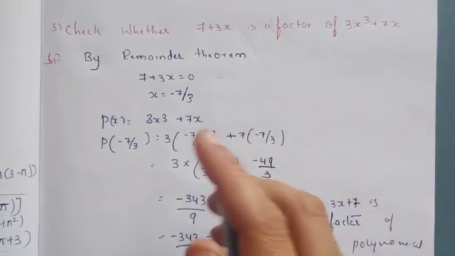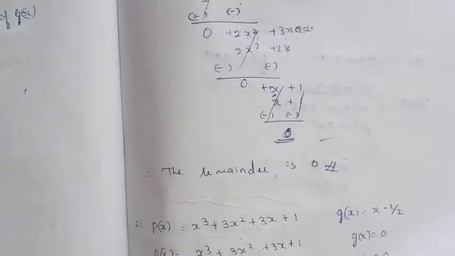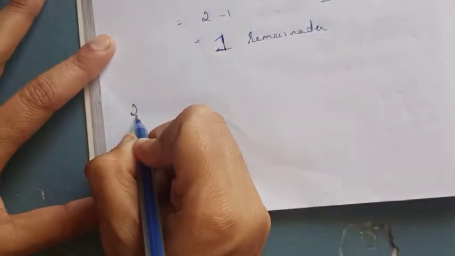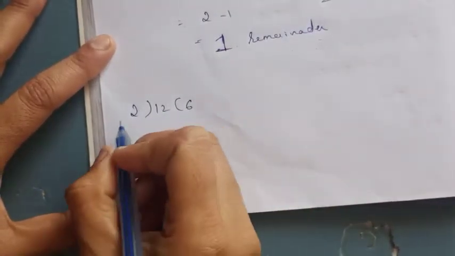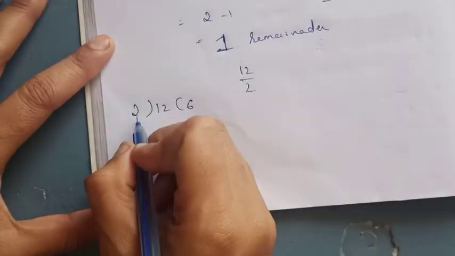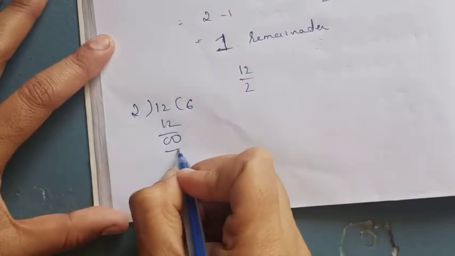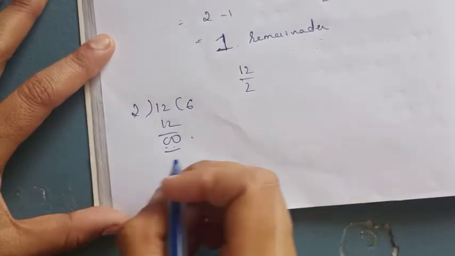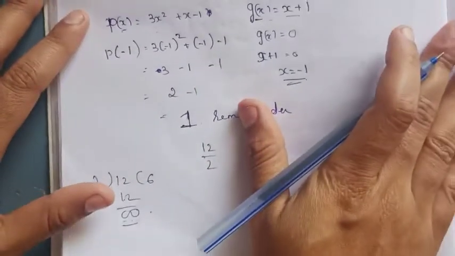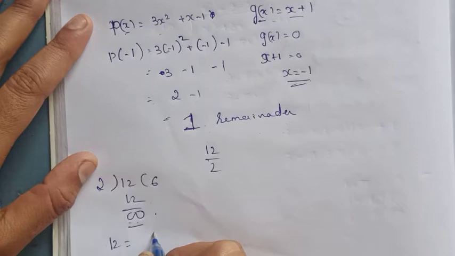Next question. Before going to this problem, dear students, when I divide 12 by 2, you get 6, and the remainder is 0. Here the dividend is equal to 12, the divisor is equal to 2, and the quotient is equal to 6.